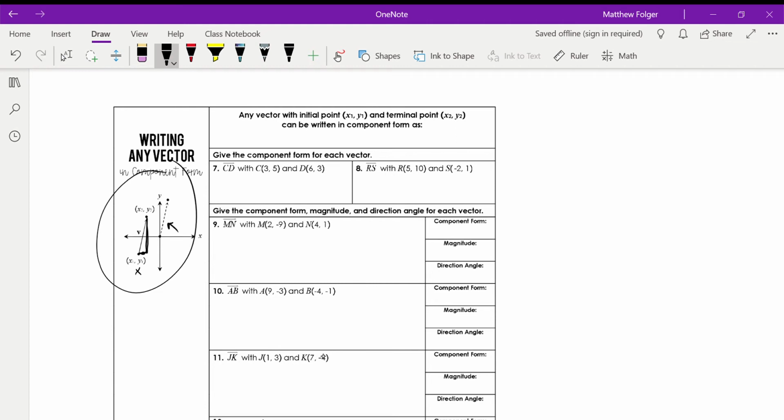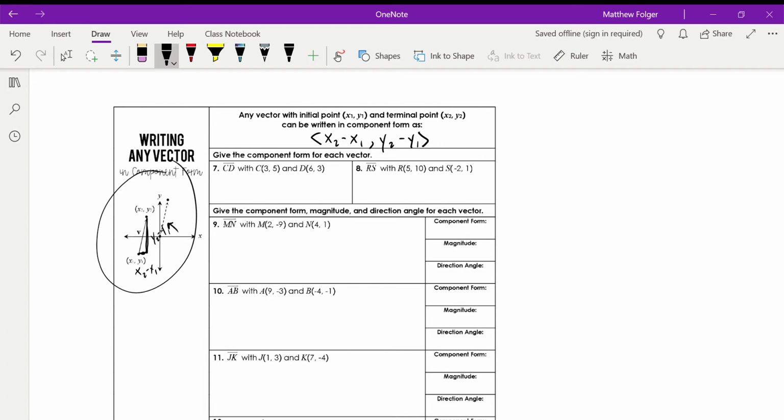So to go right, it's going to be x2 minus x1, and to go this vertical part, it's going to be y2 minus y1. So that's how you write any vector in component form: x2 minus x1, comma, y2 minus y1.